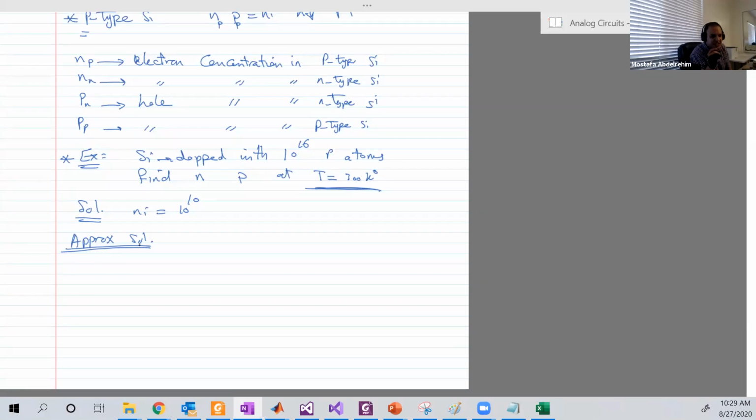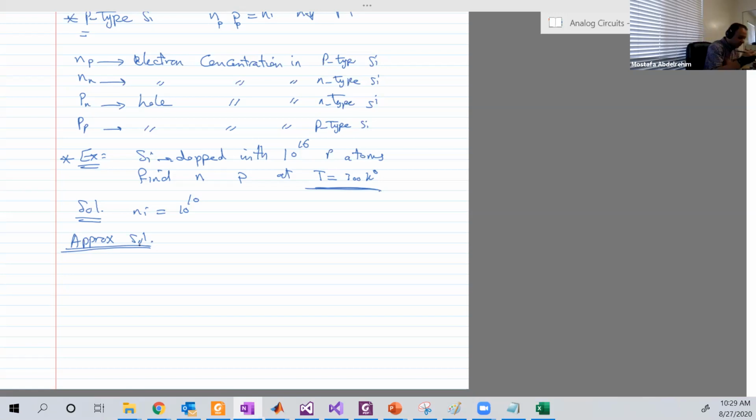There is a fact here that when we add donor atoms with concentration between 10 to the power 15 and 10 to the power 17, the number of electrons will be mostly equal to the concentration of the donor atoms.